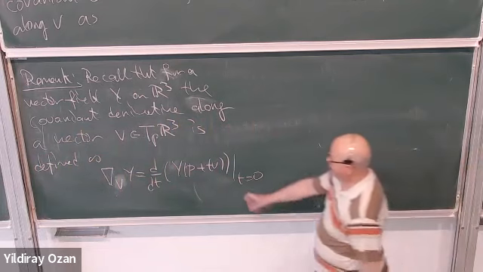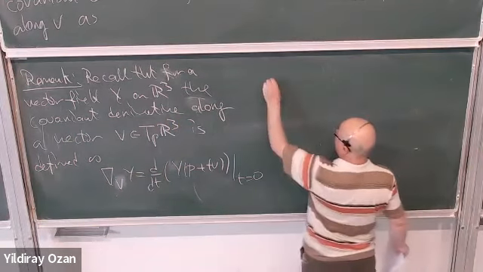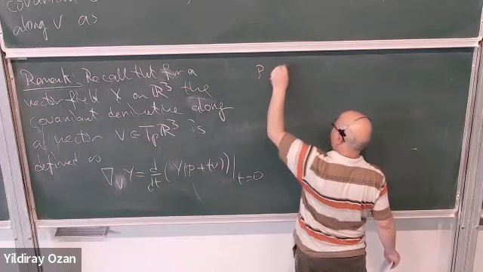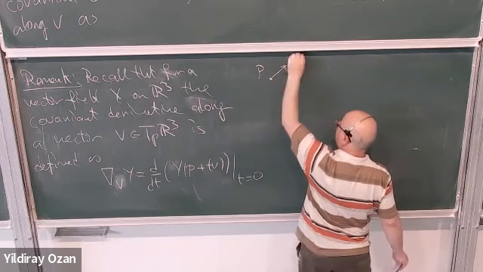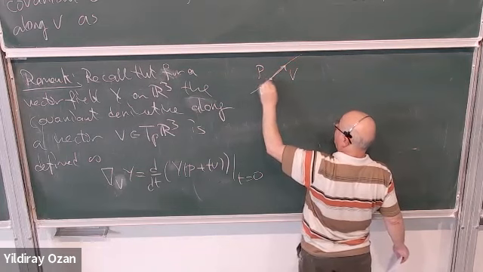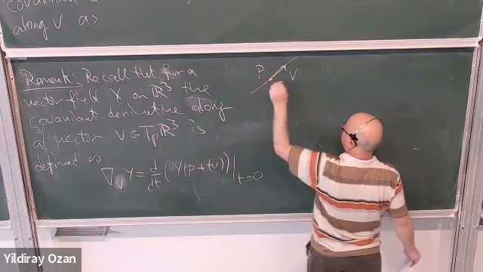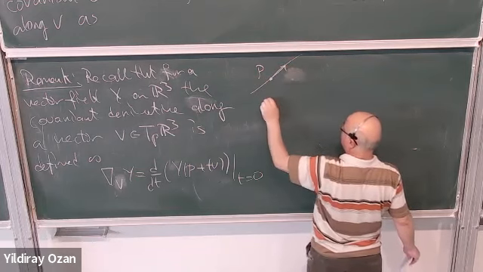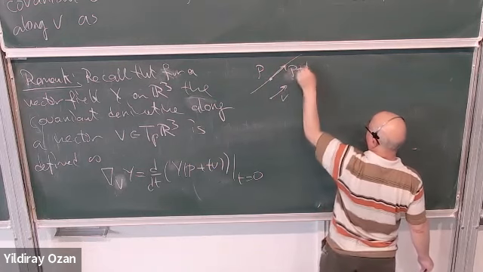Now what was this? So here I am at this point and I have this vector v, and I just move on this line, right? As t changes. So what is this point? If this is my vector v, this point is just p plus tv.